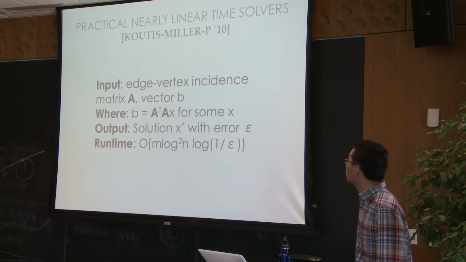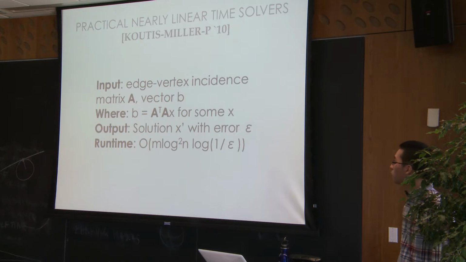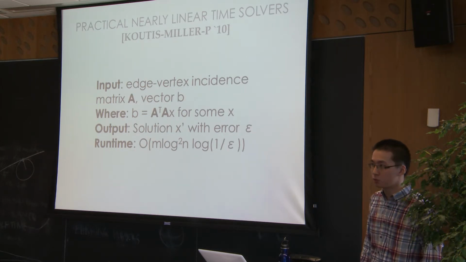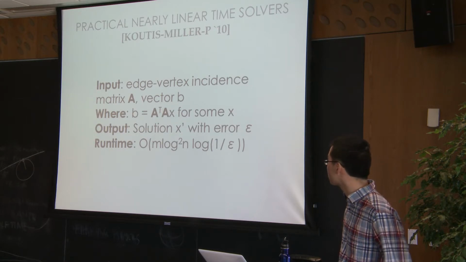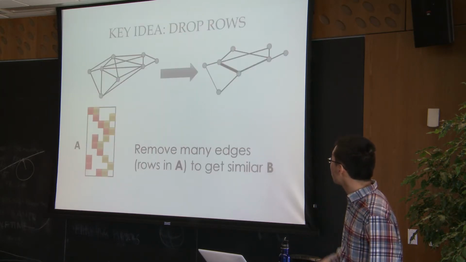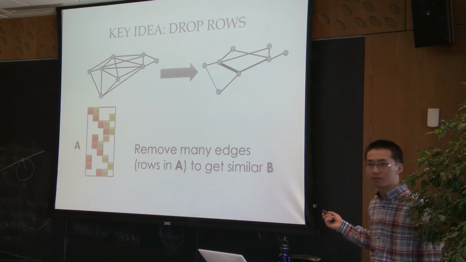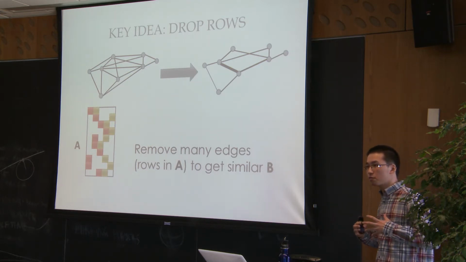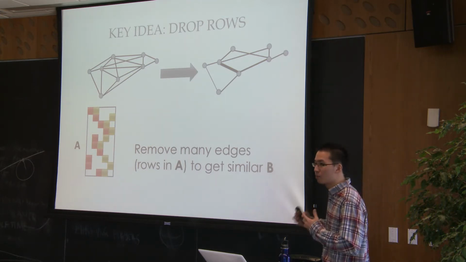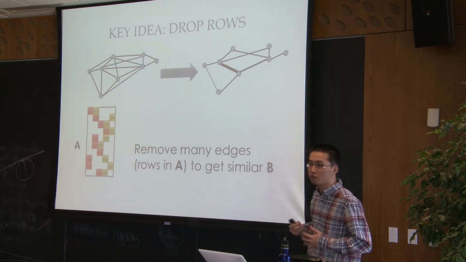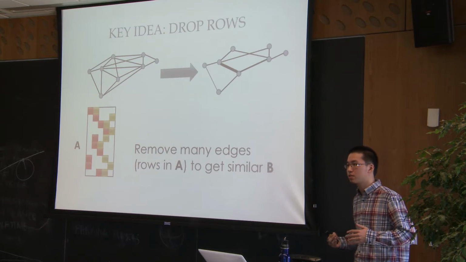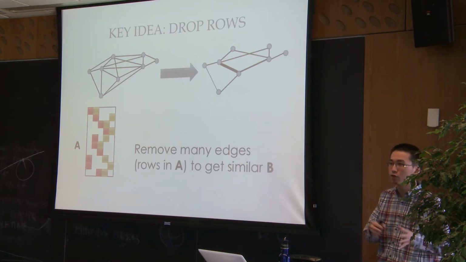And in a joint work with Yannis Koutis and Gary Miller, what we showed is that you can get this c down to 2. So it's still a pretty big factor, but at least it's a much simpler approach. And the general idea there is once again to drop rows. So the idea is I have a graph, I want to modify it in some way to get a similar B. And you can compute probabilities of each row using a much more intricate scheme based on finding a good spanning tree of your graph.